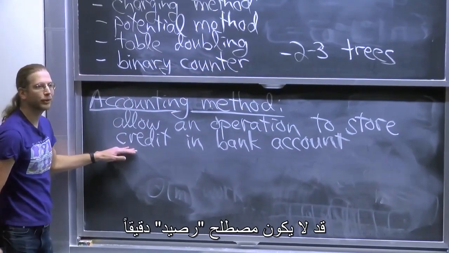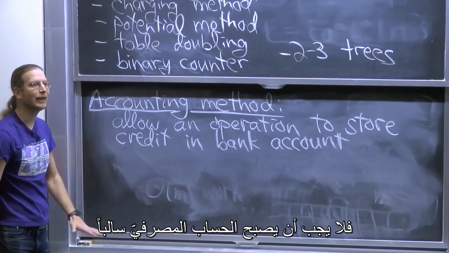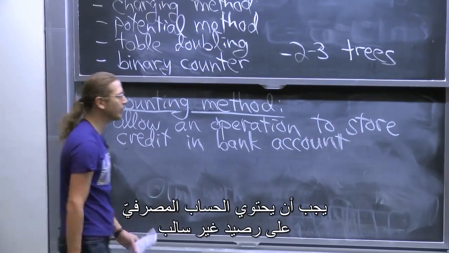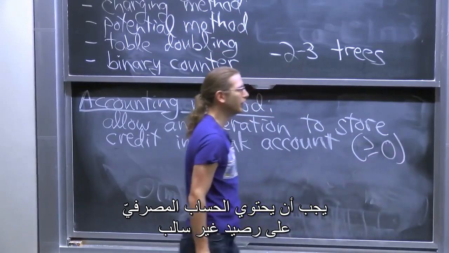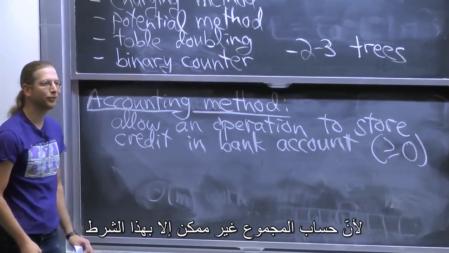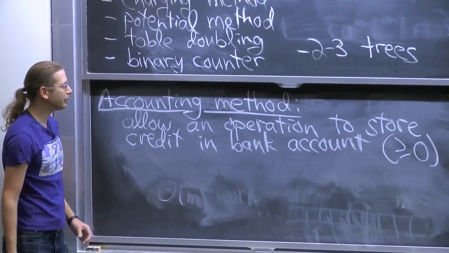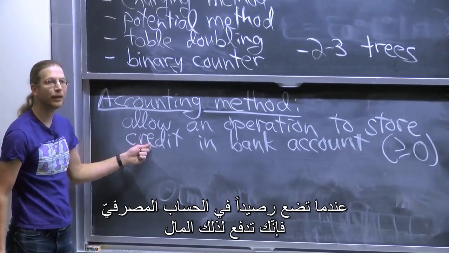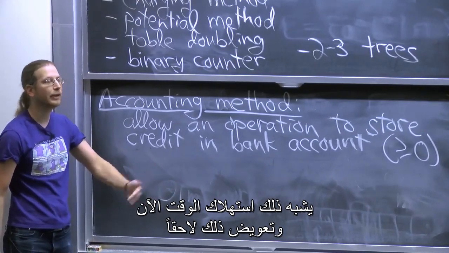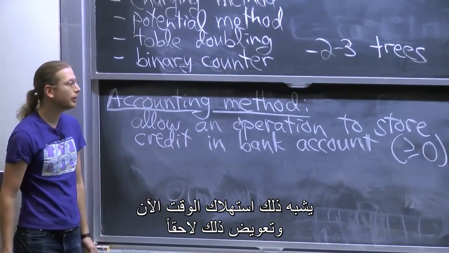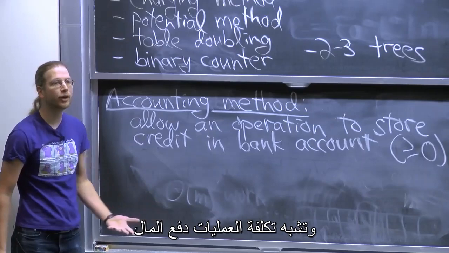Credit's maybe not the best word, because you're not allowed for the bank account to go negative. The bank account must always be non-negative balance, because otherwise your summations won't work out. So when you store credit in the bank account, you pay for it. It's as if you're consuming time now in order to pay for it in the future. And think of operations costing money.